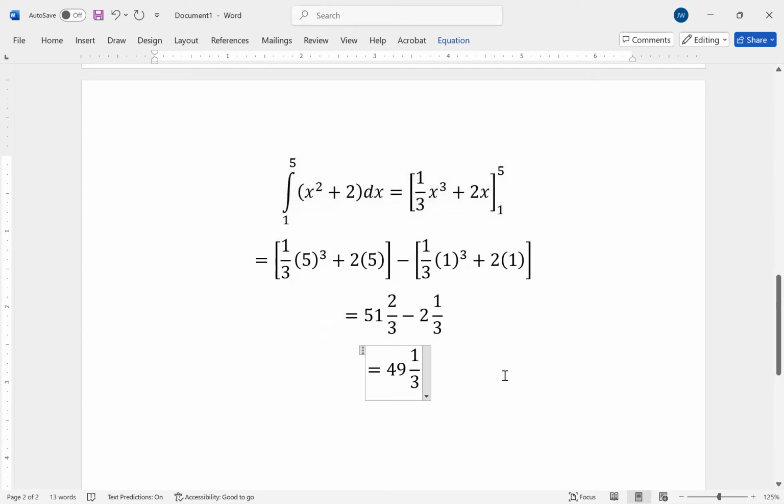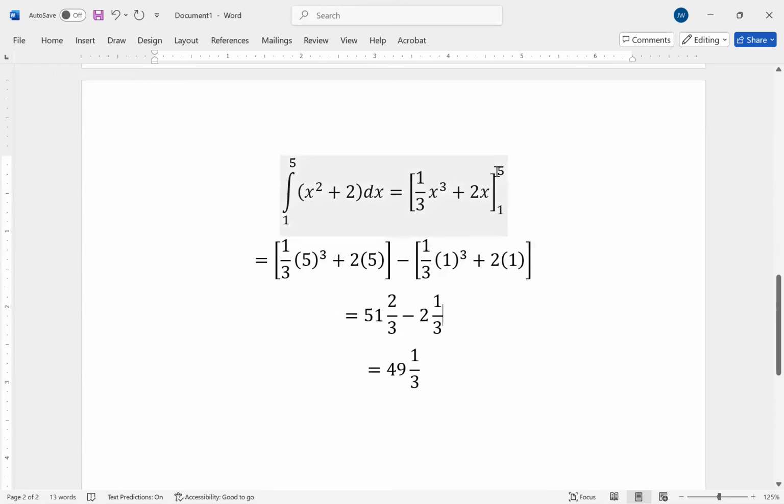I'm not going to graph that because it's not needed, but hopefully we see now how this is all calculated. Sometimes people will put these numbers, the 51 2/3 and the 2 1/3, in parentheses or in brackets. That's perfectly fine too. Again, there's a couple of different notations here.